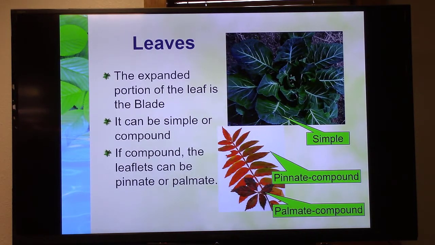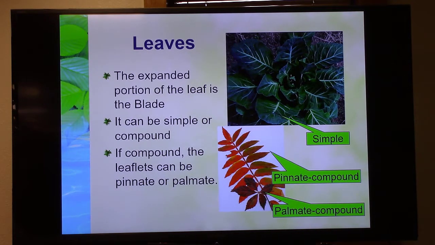The expanded portion of the leaf is the blade. Okay. Nice collard greens I had a few years ago. The blade, if it is all in one piece, then we say that's a simple leaf. The dead leaves there. Each leaf that you're looking at, that's a leaf.